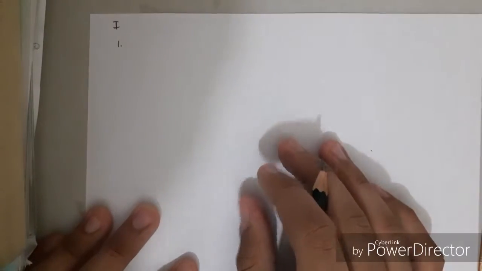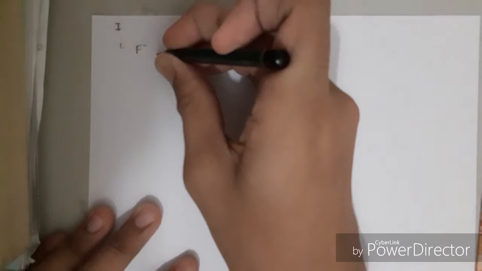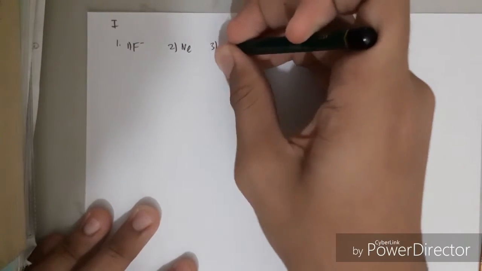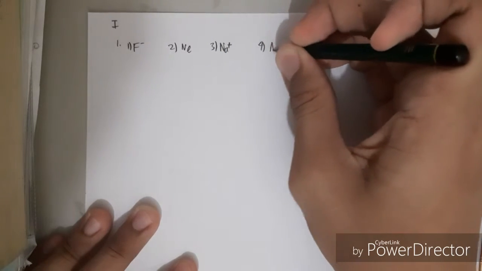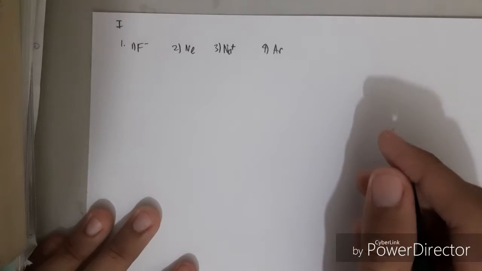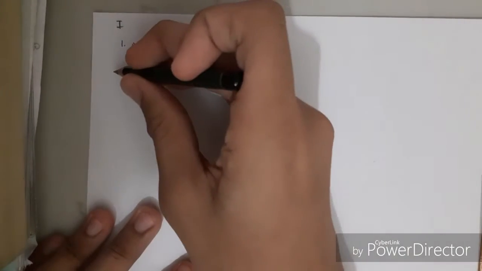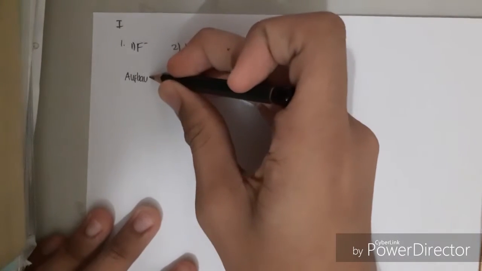First we write F minus, neon, then the sodium ion, then argon. The way I want to write the electron configuration, the way I used to draw it, is actually using the Aufbau configuration.